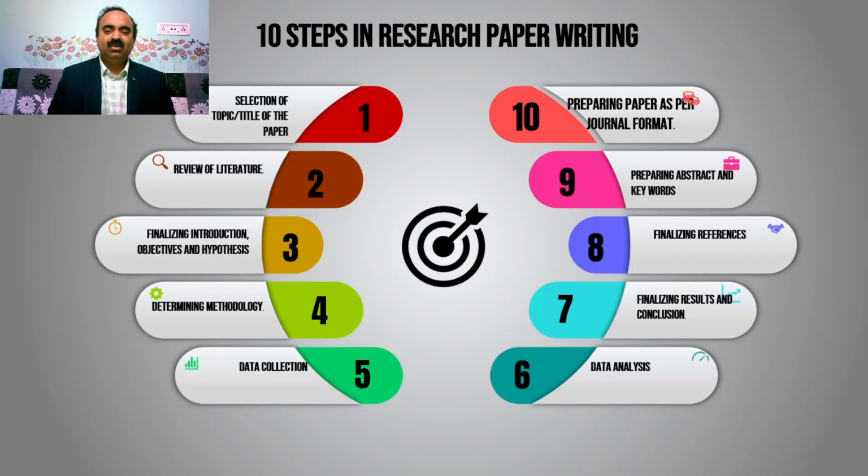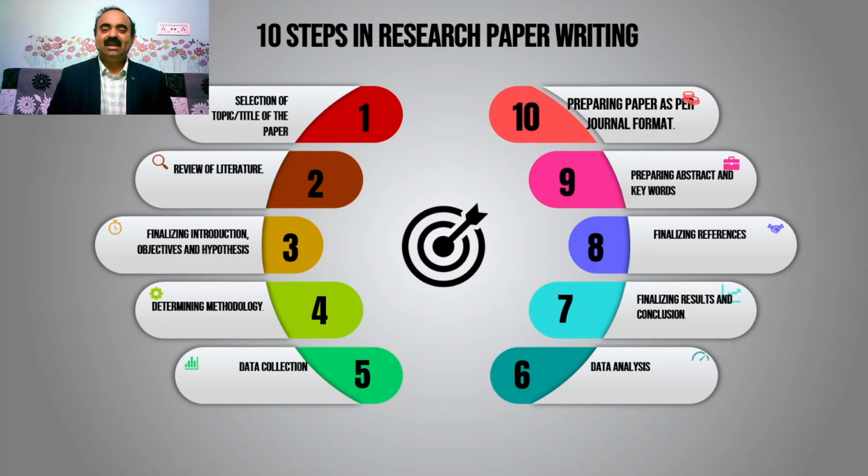Let us now look into one step after the other. The first step is selection of the topic or title of the paper. You can choose any topic relevant to your specialization, or you can go through the current topics in newspapers, magazines, journals, and internet sites.